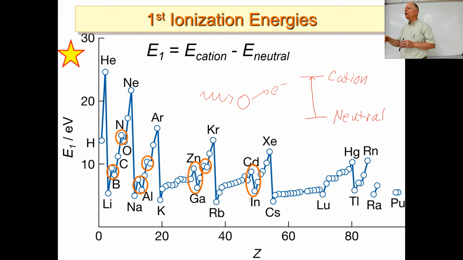So you're going one past a full subshell, because S would be a subshell, P would be a subshell, D would be a subshell. So the shell is the principal quantum number, like n equals 3, that would be the n equals 3 shell. The S, the P, and the D would be subshells. So if we go past a full subshell, it's easier to pull that electron off. That's a good observation. Anyone else?